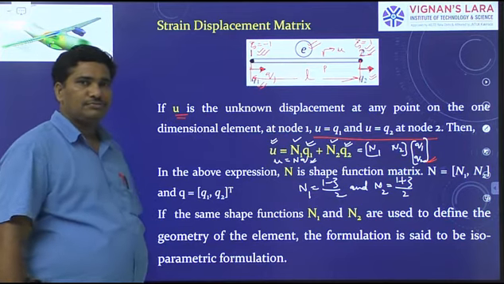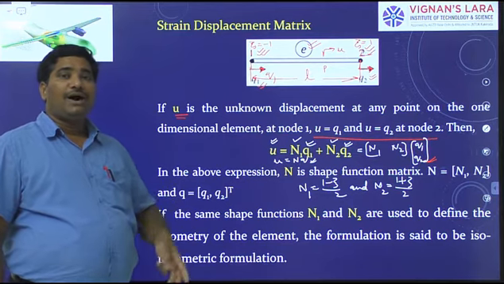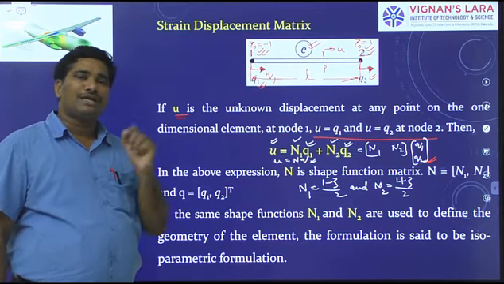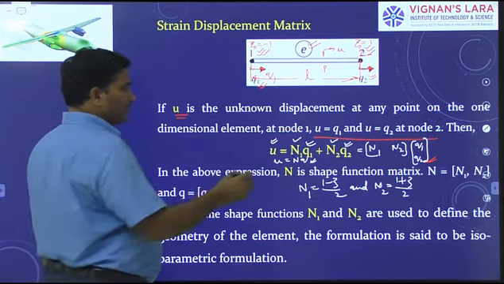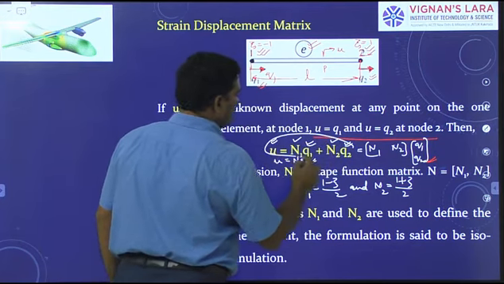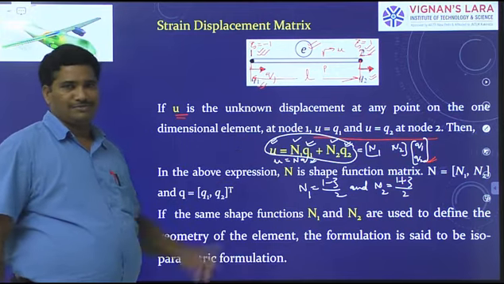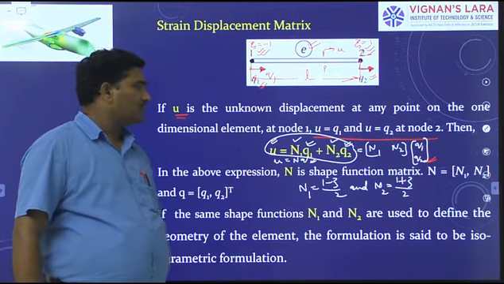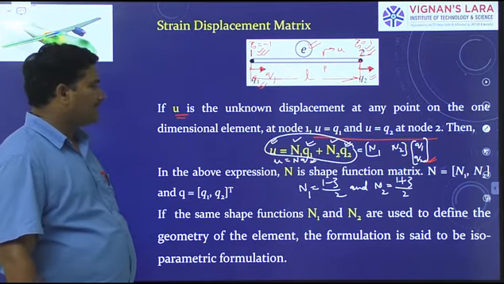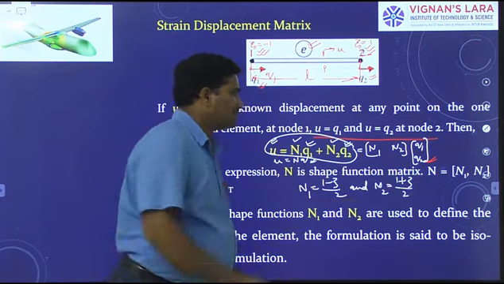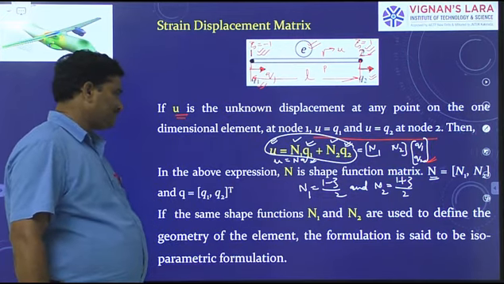U. Shape function is an approximating or interpolating function used to interpolate nodal field variables with the unknown field variable. Therefore, here using shape functions, U, q1 and q2 are related together. U equals N1 q1 plus N2 q2. How do you write U? As N into q. N is the shape function matrix. What is q? Element displacement vector.